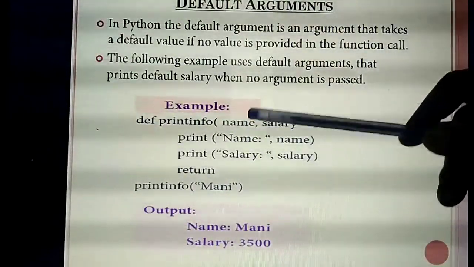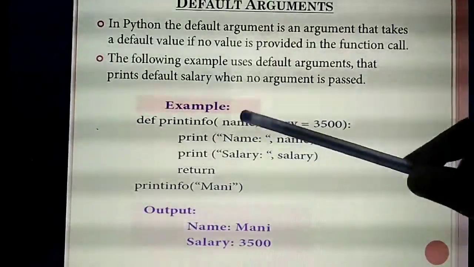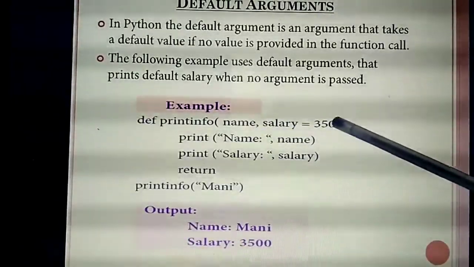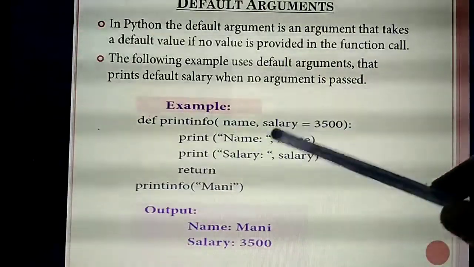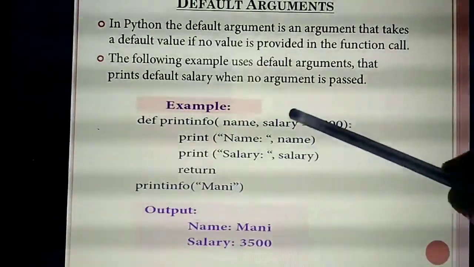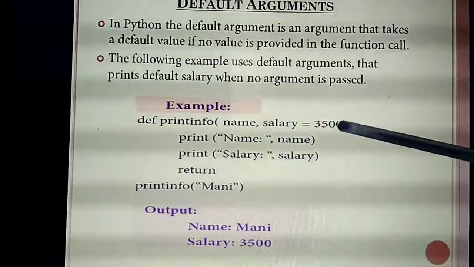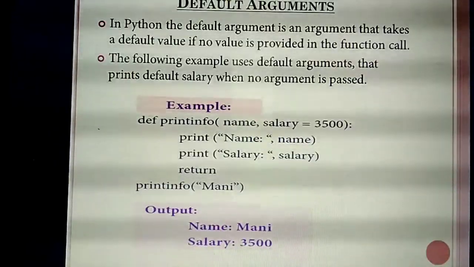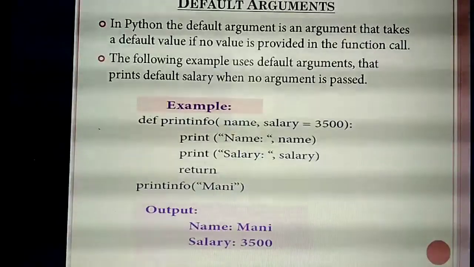Each and every argument needs to be separated with a comma, which you have already studied. So name, comma. In the place of salary, instead of passing a value in the calling function, here itself you are assigning some value. This value is called the default value. Understand? So what value have they given for salary? 3,500.